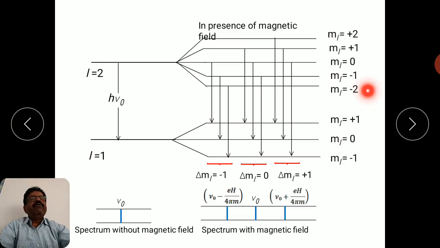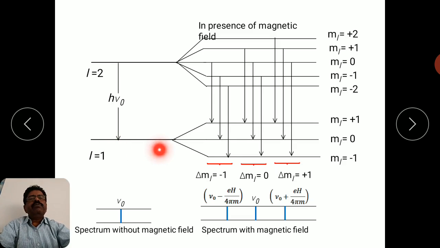Similarly, there are 5 values for L is equal to 2 according to the formula 2L plus 1, from plus 2 to minus 2. These are the 5 different values. So delta ml is important here. These are the sub levels for this particular orbit for L is equal to 2 and L is equal to 1.